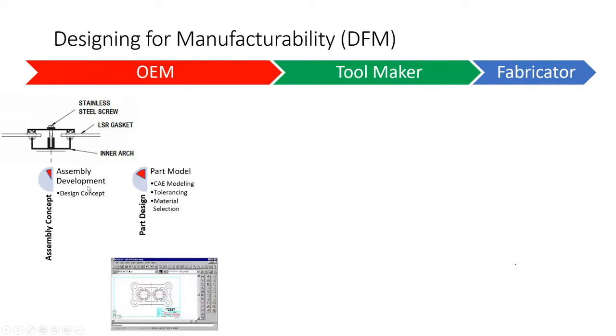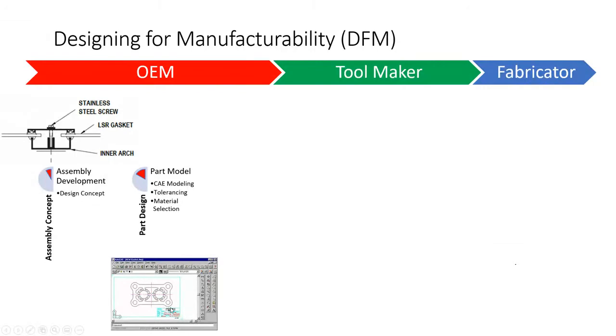The next step is the part model. Once we understand the shape of this assembly, then we can start to draw out what that looks like. Here we see a drawing, and the part model is actually computer-aided engineering modeling. In today's software, it's not just a print, it is a model, and we can look at it from a three-dimensional point of view.